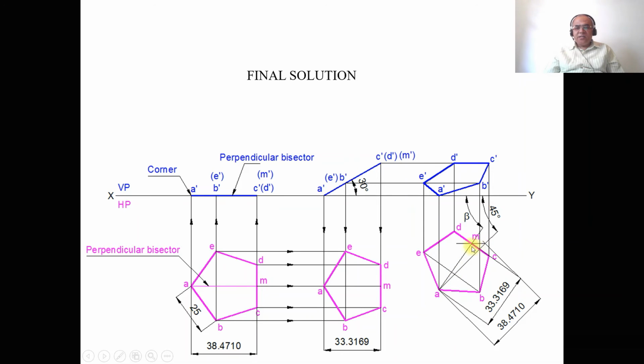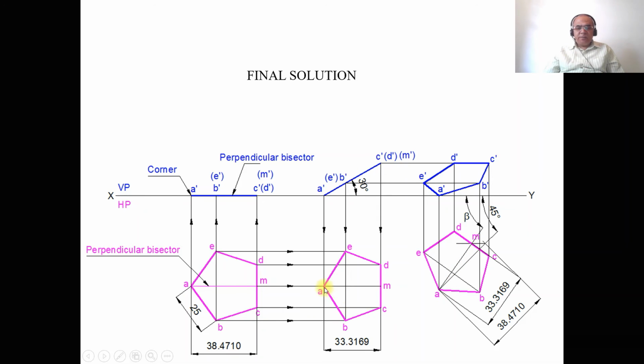Once you get this, you draw a horizontal projector here, which is the locus line. Then you take the compass, measure the distance from A to M of the second position top view, with A as center cut an arc on that locus line, and you mark this point as small m. Then join A and M with a thin line.